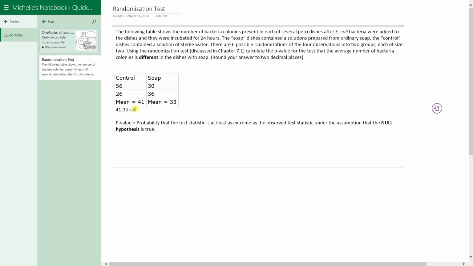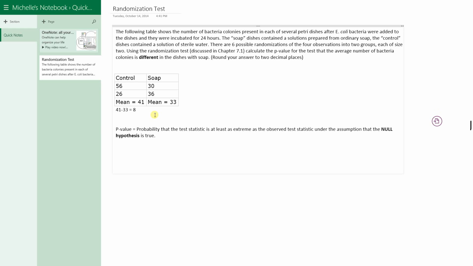So our observed test statistic was 8. The p-value is the probability that the test statistic is at least as extreme as the observed test statistic under the conditions that the null hypothesis is true. So the first step in the randomization test is to come up with the distribution of the test statistic under the null hypothesis.